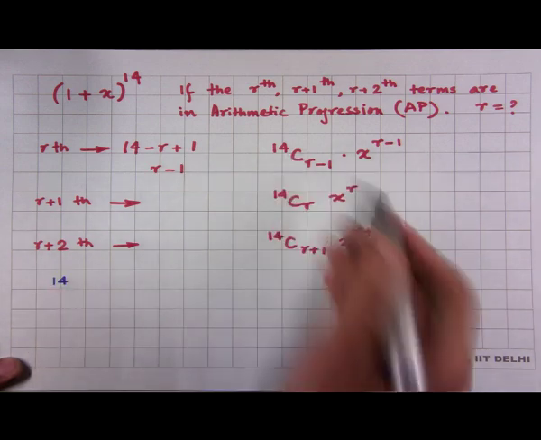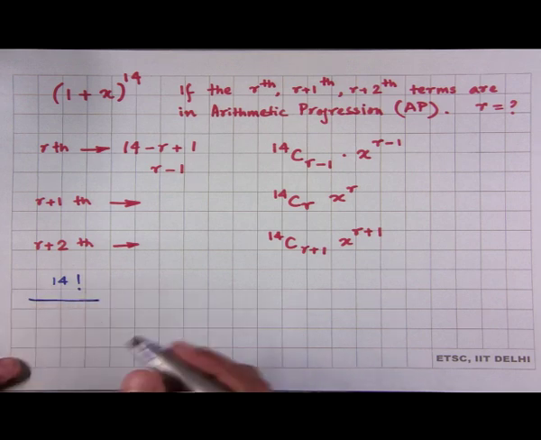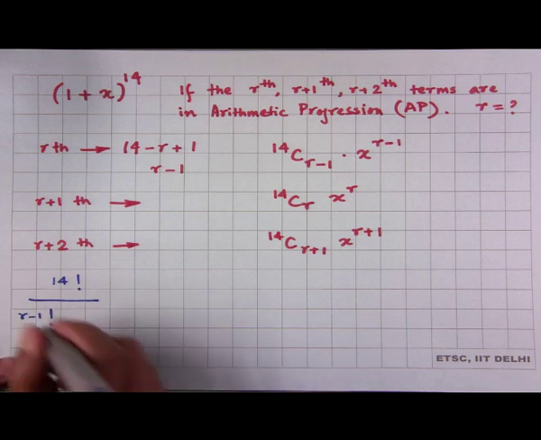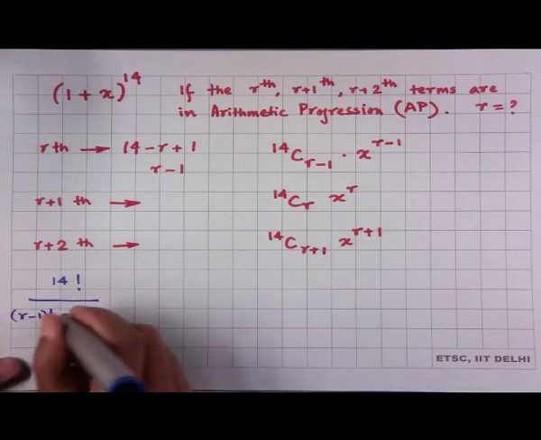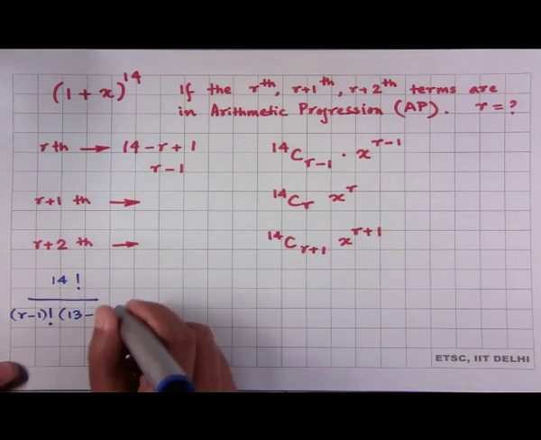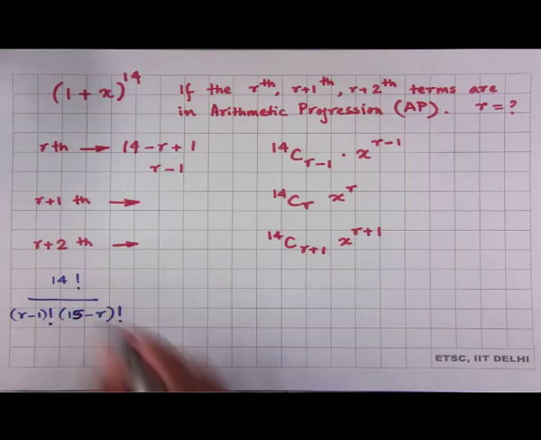What is 14 C r minus 1? Factorial 14 by factorial r minus 1 and factorial 15 minus r. Okay. So, this is the 14 C r minus 1.